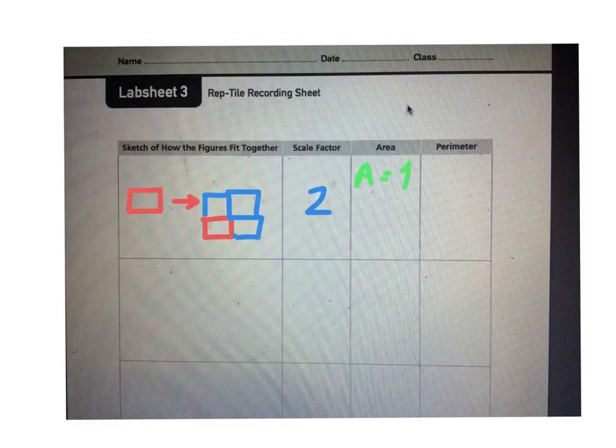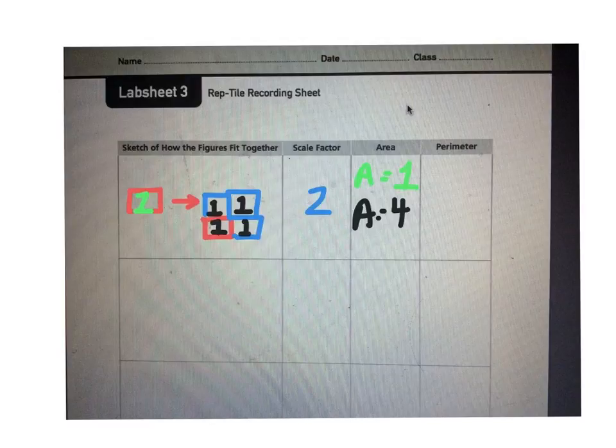Okay, the area of the original is 1 unit in the beginning, and then the area in the copied image, if each of these boxes has an area of 1, the area of the copied image would be 4.